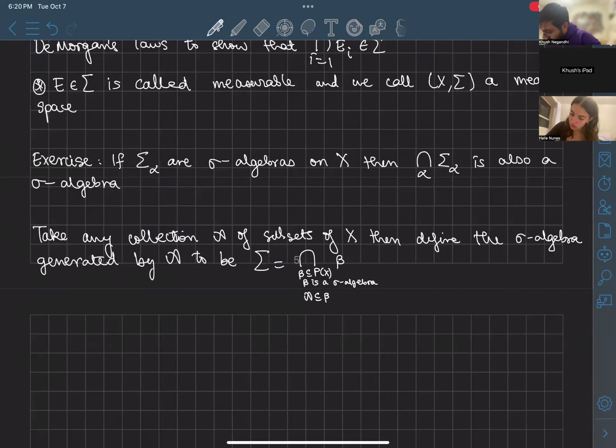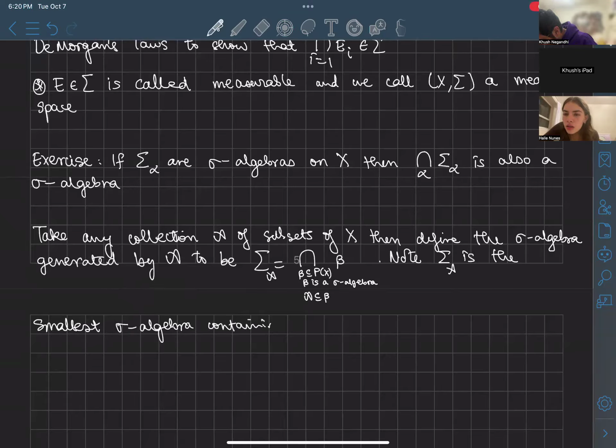Okay. If I ever need to, I'll just put a subscript of A. Note sigma A is the smallest sigma algebra containing A.